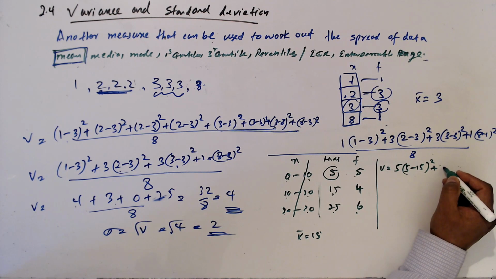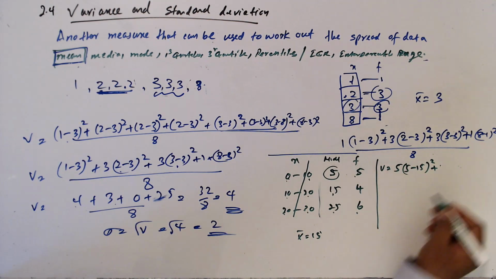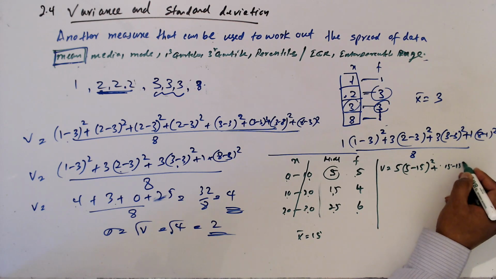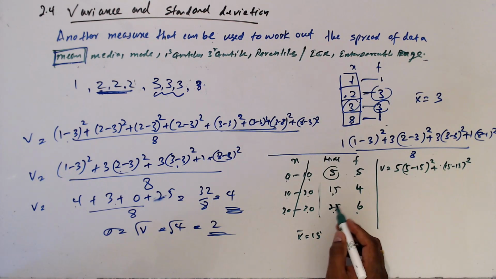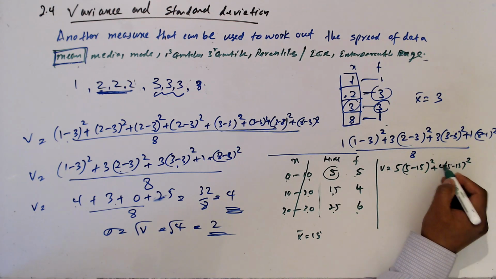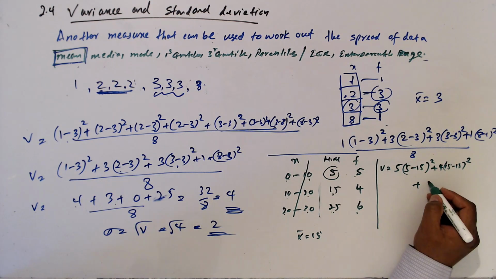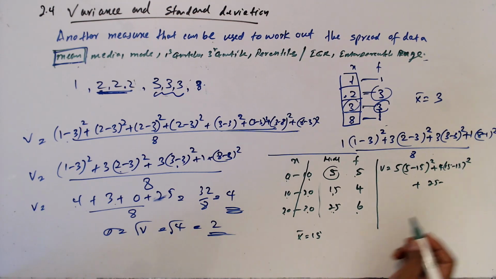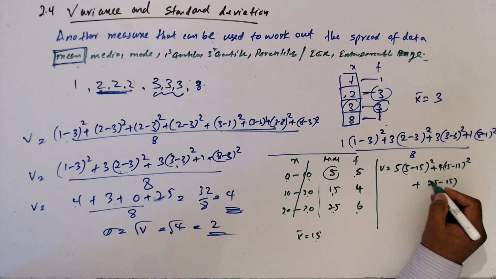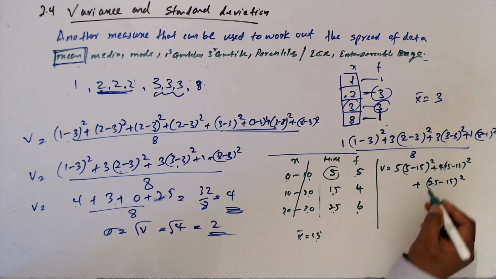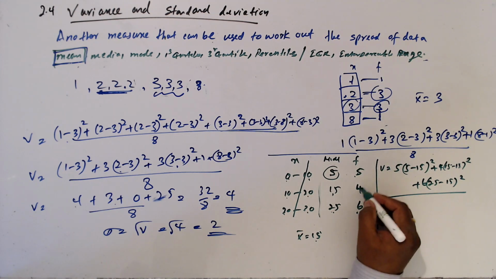For the understanding I write 15 minus 15 square times 4, and then 25 minus 15, x bar, square, how many? 6. And divide this by 15.